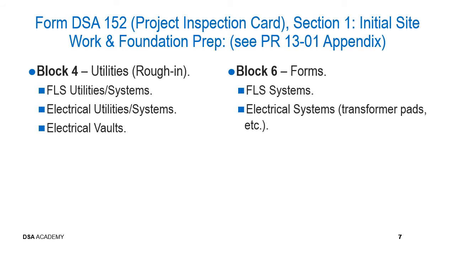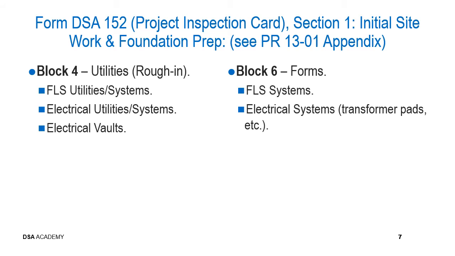Block 4, which is titled Utilities Rough-In, contains some subsections that may be appropriate. They are FLS Utilities/Systems, Electrical Utilities/Systems, and Electrical Vaults.